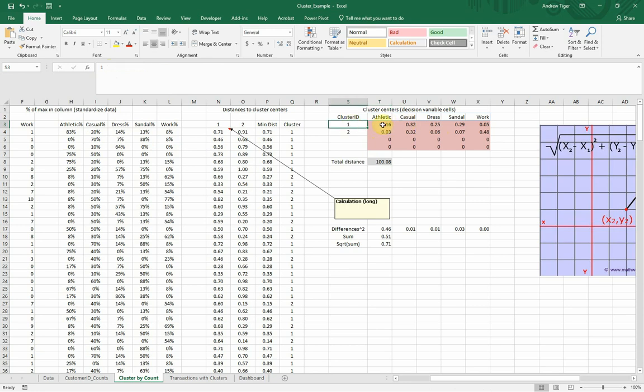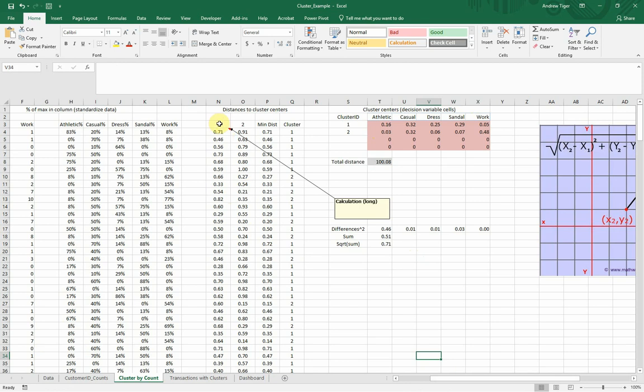So this cluster 1, these are the middles. So we have all of these different distances. And then we have to decide which grouping this customer gets into. We just do it based on which middle is the closest.